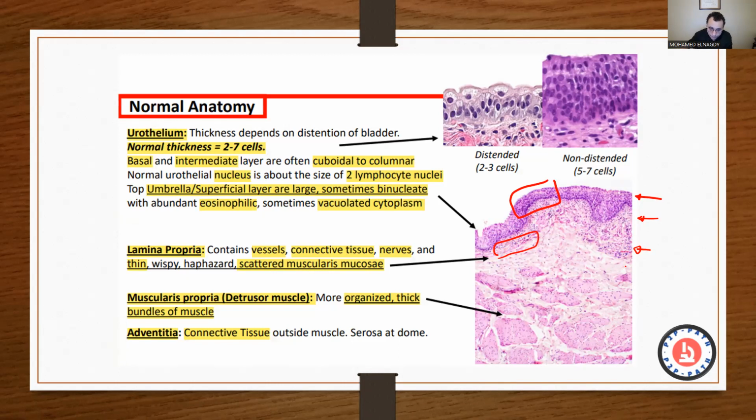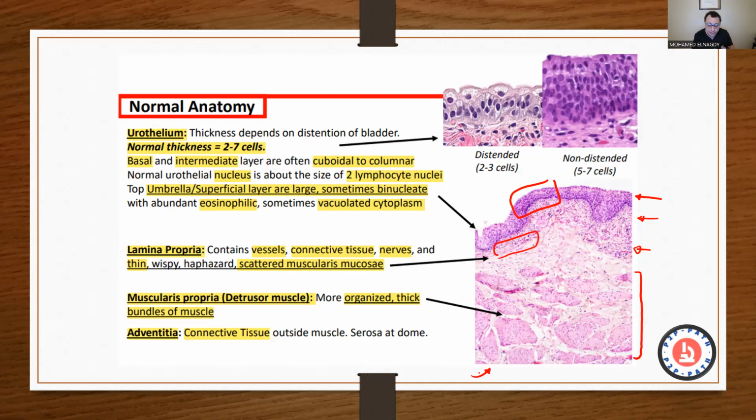And then we have the muscularis propria, which are thick smooth muscle bundles of the detrusor muscle, which when it contracts, the bladder empties the urine. And then you have the outermost layer, which is the adventitia.